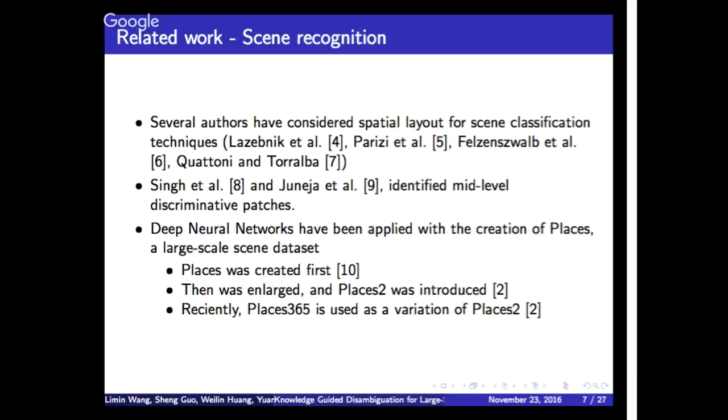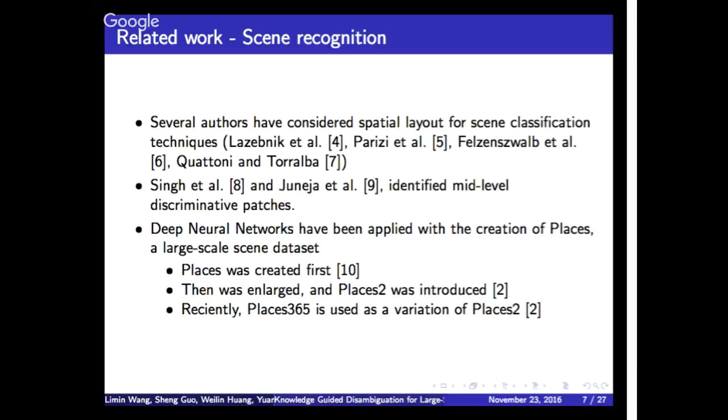Some of them have tried to identify mid-level discriminative features, and of course, deep neural networks are on the table too. But the thing is that for deep learning, you need a huge training data set, and this was possible to apply in this case when the large-scale data sets such as Places were created.